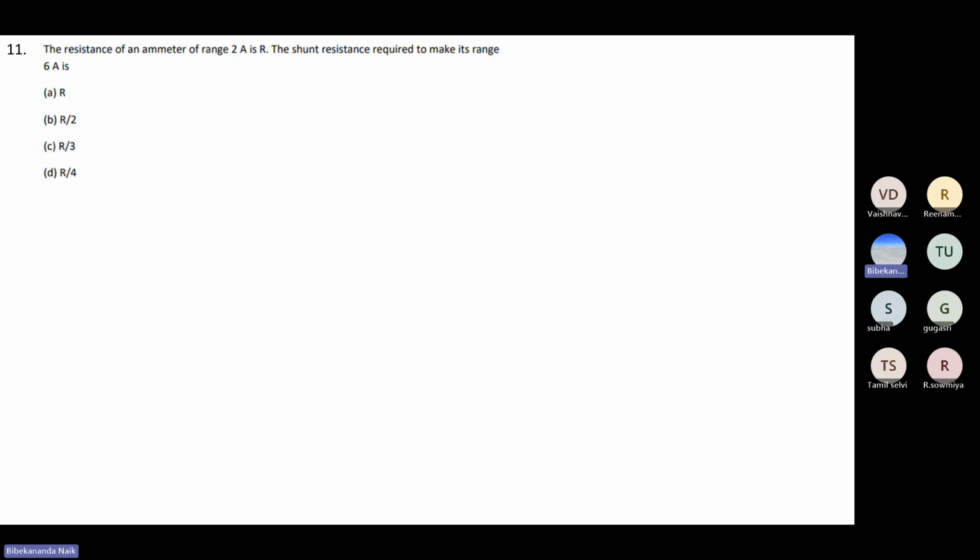Initially the resistance of the ammeter in the 2 A range is R. Suppose this is an ammeter and the range is 2 ampere, so a maximum current of 2 ampere can pass through it, and it has the resistance R. Now we need to connect a shunt so that the total combination can take 6 ampere.